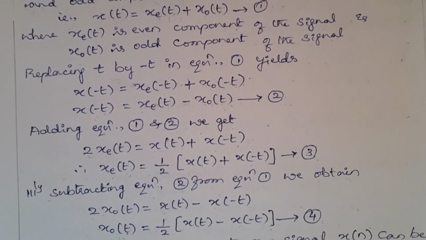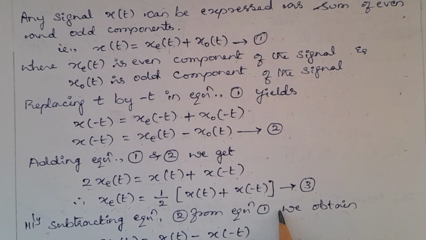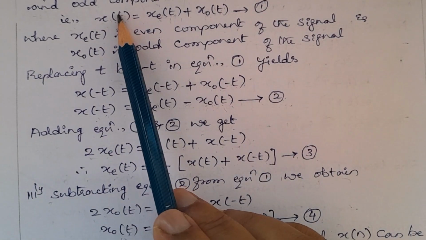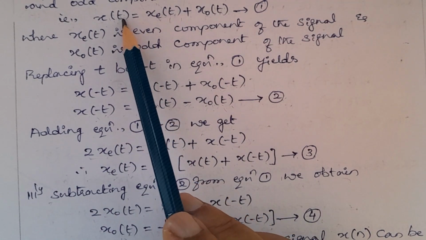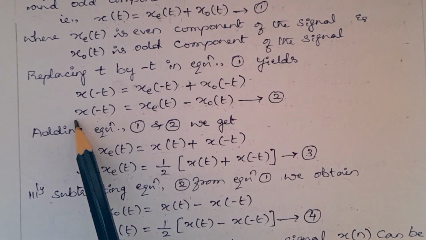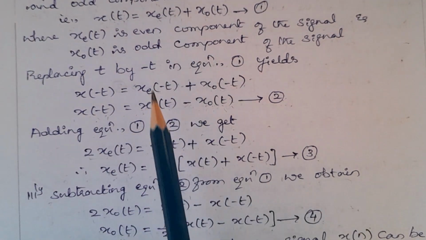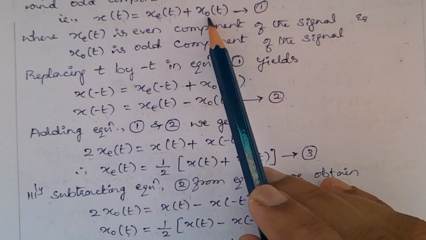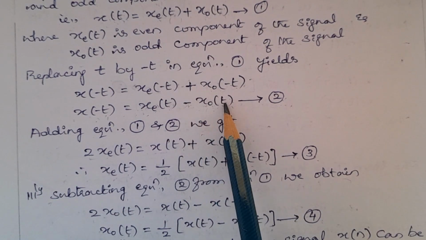Similarly, subtracting equation number 2 from equation number 1, we obtain x of t minus x of minus t equals xe of t minus xe of t cancel out, xo of t minus of minus is plus xo of t.